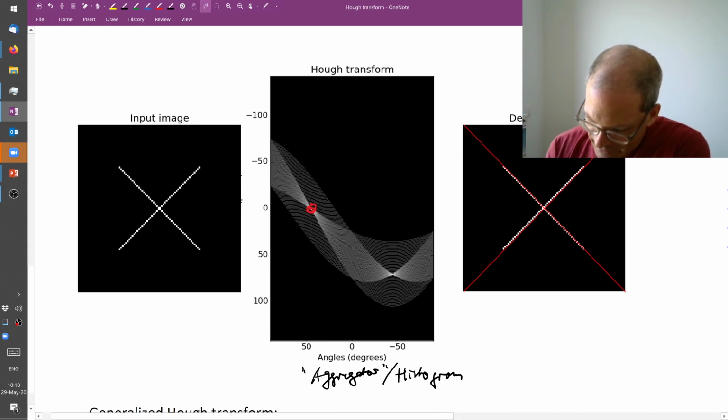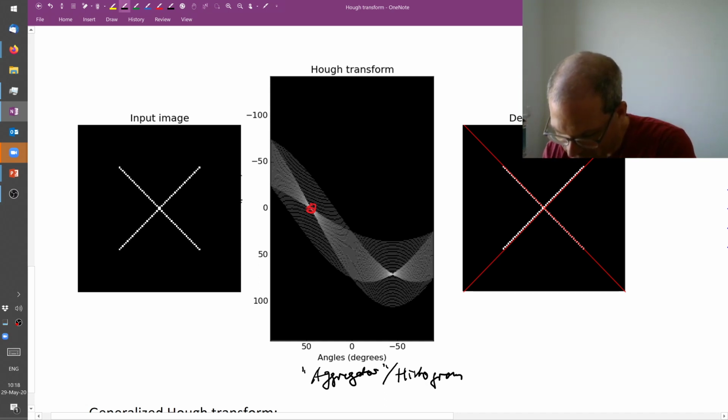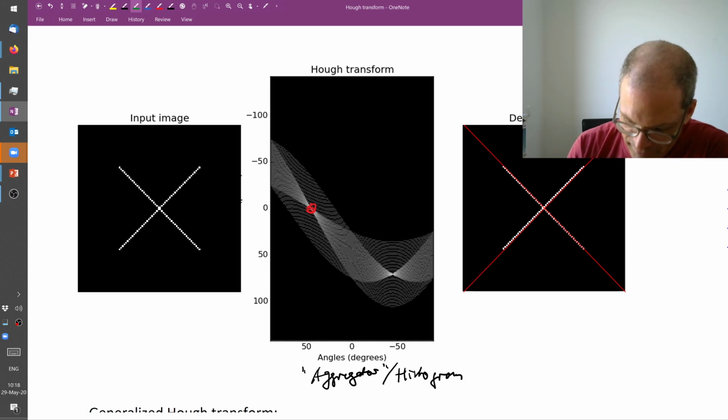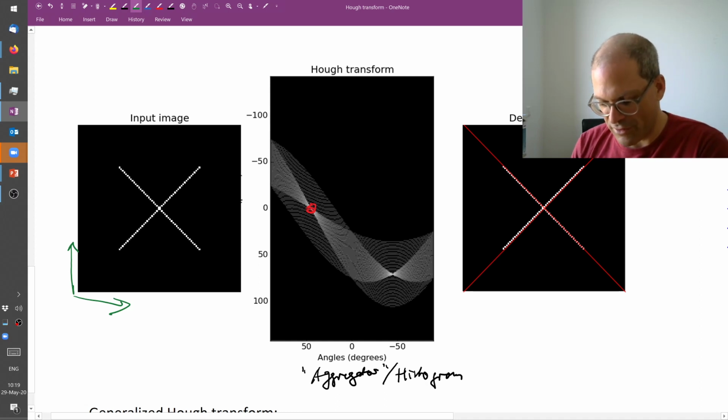There is one at an angle of, I could read this maybe as 45 degrees and the distance of 0, and in the other case minus 45 and the distance of plus 50. So I would claim that the parameterization used here is relative to an origin of the coordinate system in the bottom left corner.